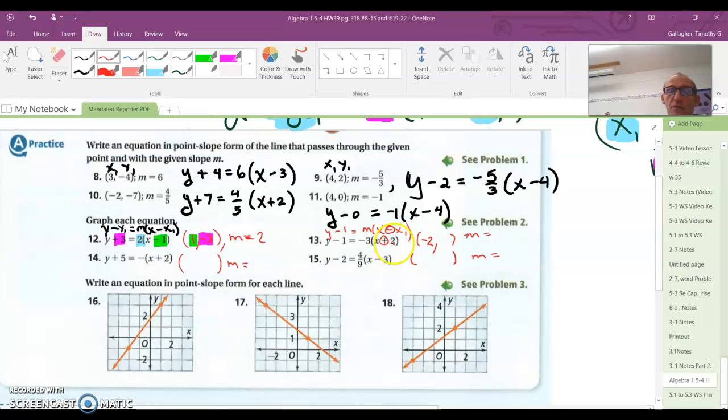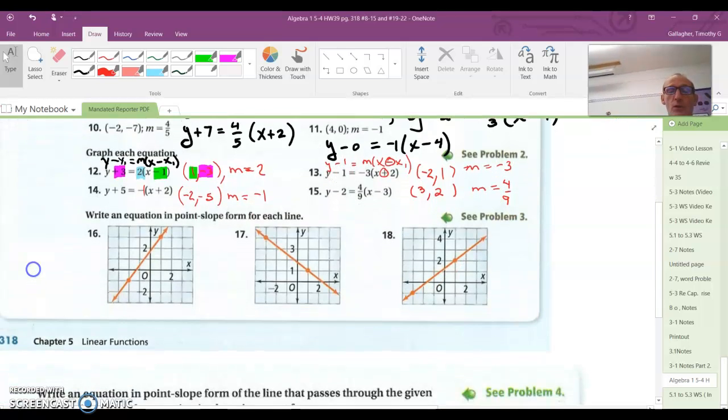That's how you get that positive 2. And then 1 for the y, and the slope is negative 3. Number 14, x is negative 2, y is negative 5, and the slope is negative 1. It's kind of invisible there. Number 15, x is 3, y is 2, and the slope is 4/9.